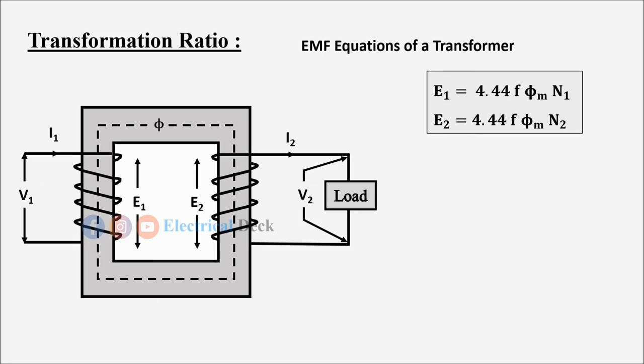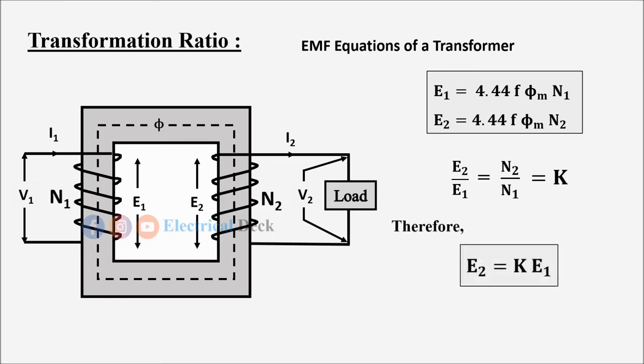That is, the ratio of secondary induced EMF E2 to the primary induced EMF E1 is equal to ratio of secondary turns N2 to the primary turns N1, which is denoted by K. Therefore, E2 is equal to K E1, where K is equal to N2 by N1.